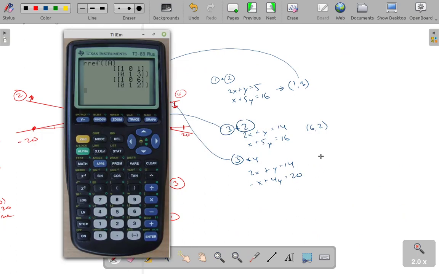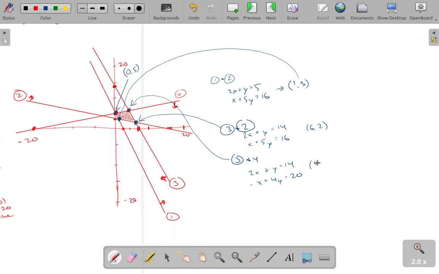Go back into my calculator, edit matrix A. That is the equation I'm keeping, so I'll do this one, the opposite of x plus 4y equals 20. Quit out, run RREF again. This is the point 4, 6.